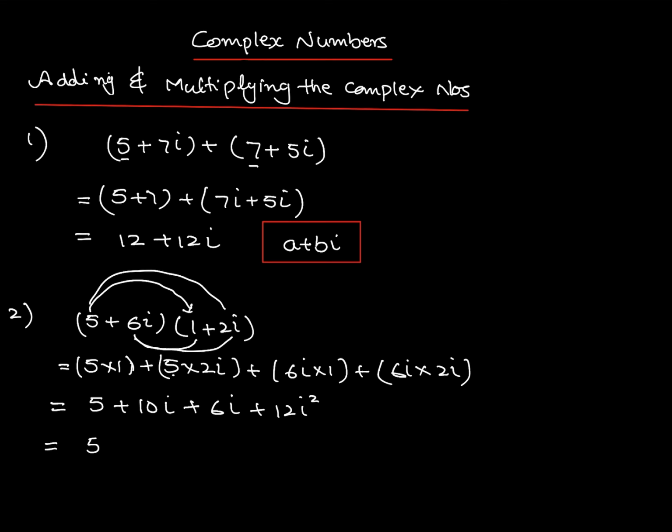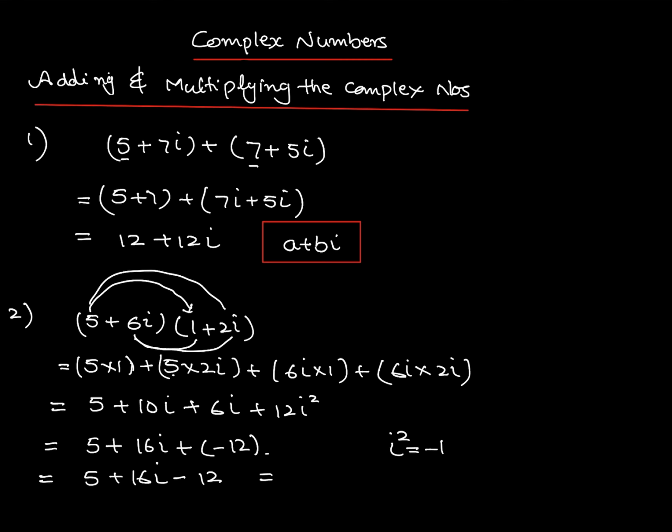This is equal to 5 plus 16i plus 12i square. You know, i square is equal to minus 1. You all know what our imaginary numbers are. This is equal to minus 12, and this can be further written as 5 plus 16i minus 12.